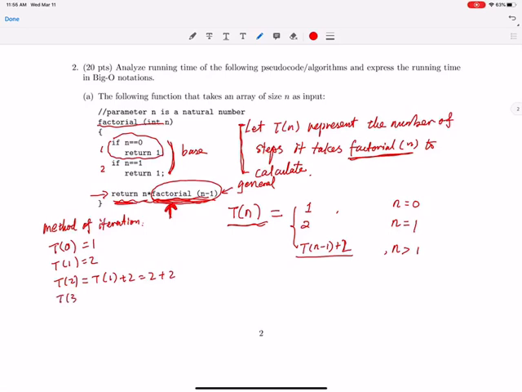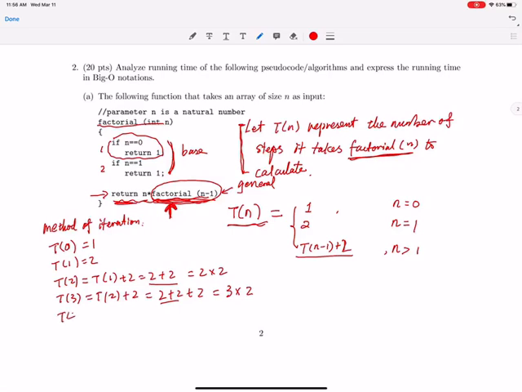So let's do a few more steps. Right, t sub 3 is t sub 2 plus 2. Okay, so t sub 2 is here, copied down, plus 2. So that means maybe it's 3 times 2, right? Tentatively, I can write this down.